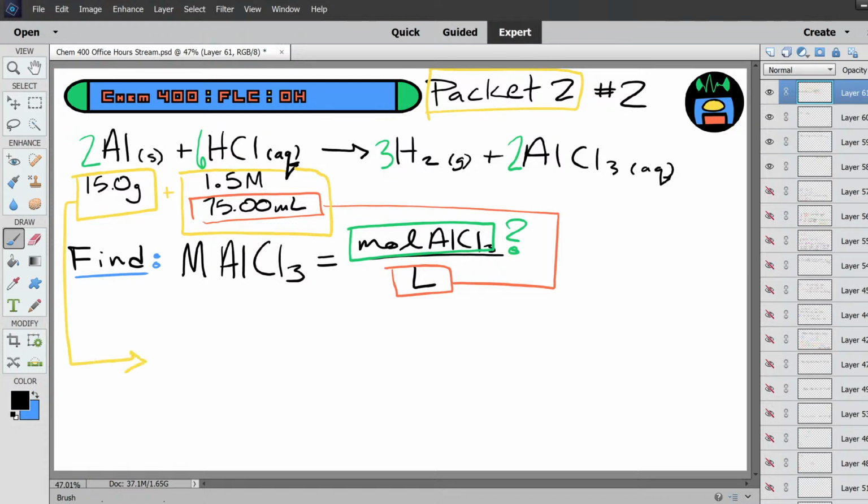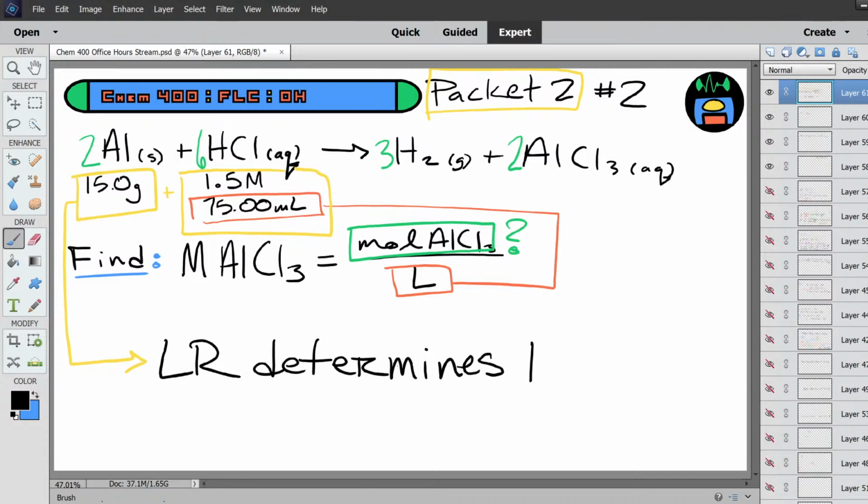When you're given initial quantities of more than one reactant, you have to do a limiting reactant calculation because the limiting reactant determines the amount of products produced.